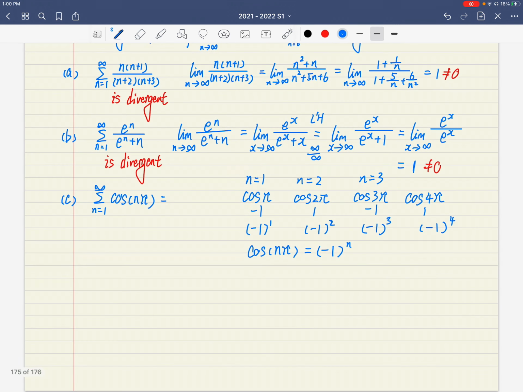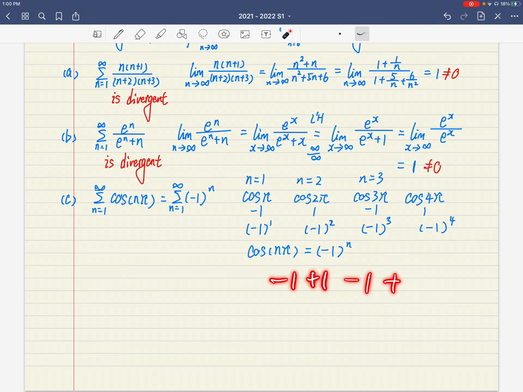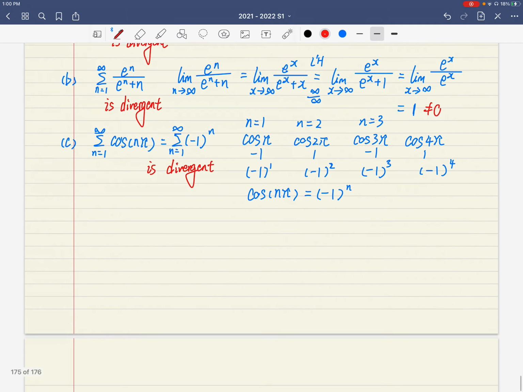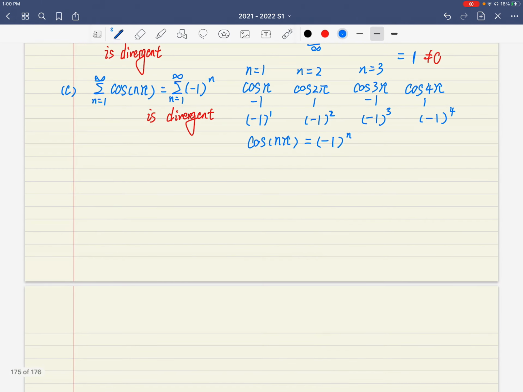So we can change it to the sum of negative 1 to the power of n, which is much clearer, because it's minus 1 plus 1 minus 1 plus 1, and so on. So it is clearly divergent. You don't even have to apply any divergence test. You can straightforwardly conclude it is divergent.